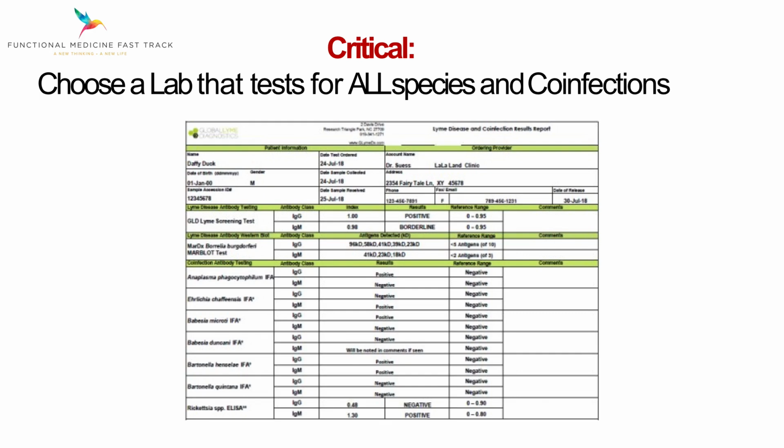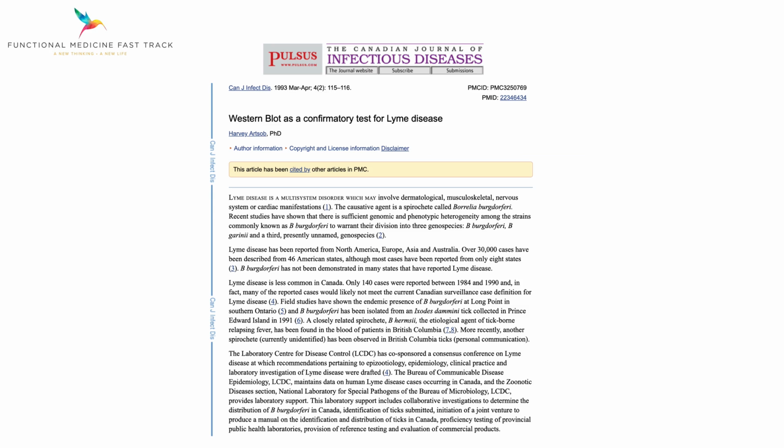In other words, we may get a negative when it comes to all the Lyme screening tests, but then you may have to look at the total picture of the patient, look at all the clinical signs and symptoms, and then look through each individual one and mark off and understand if there are those odd rare ones that are popping up as far as the IgGs and IgMs. Because that may still paint a picture that there's immune dysfunction, but it's in a different phase at the moment. So the Western blot is a confirmatory test for Lyme disease in certain situations, not all the time.